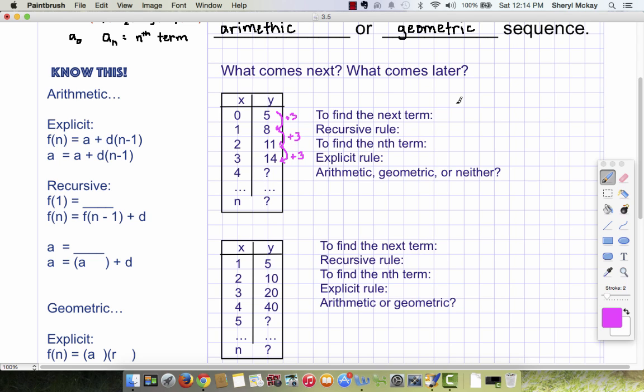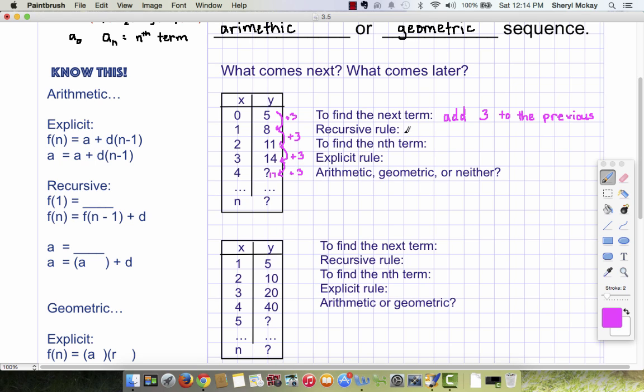So to find the next term, I need to add 3, right? And I need to add it to the previous term. So 3 on to 14 would give me 17, right? So that would be my next term. Add 3 to 14, I get 17.